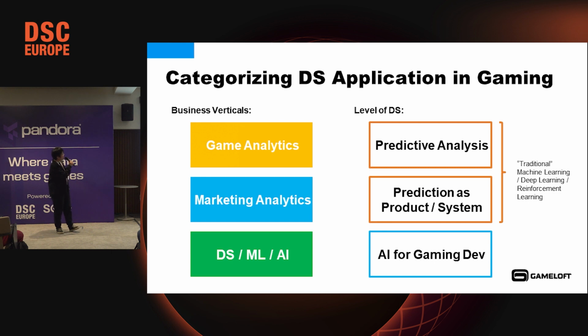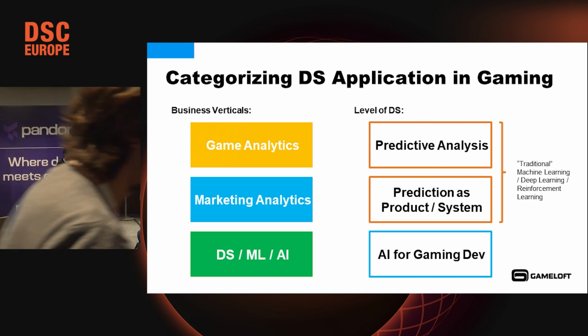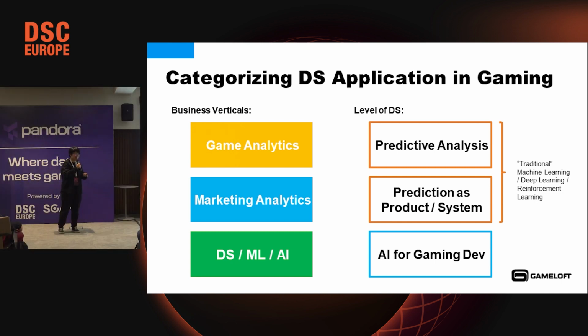And the final part, which I'm going to touch on very shortly at the end of the presentation, is AI for gaming dev, how to develop games using AI. For the color coding, you already noticed that I would refer to the first 2 as traditional machine learning, and AI as the new case for the application parts.